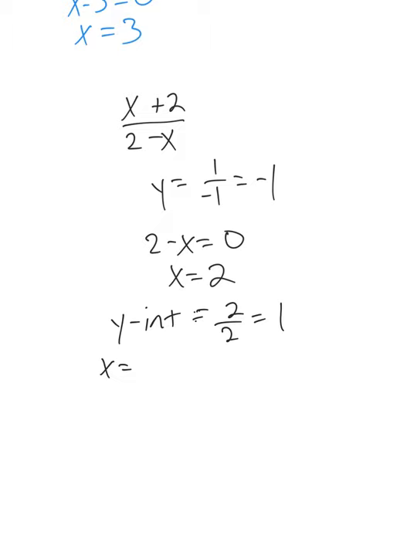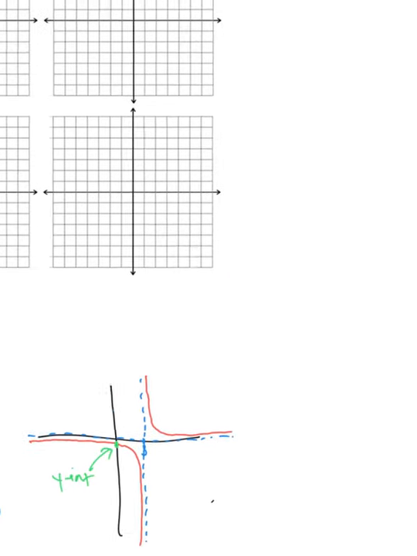All we have to do is set that equal to 0: x plus 2 equals 0, x equals negative 2. This is our x-intercept here. And that is how we would find all these algebraically.